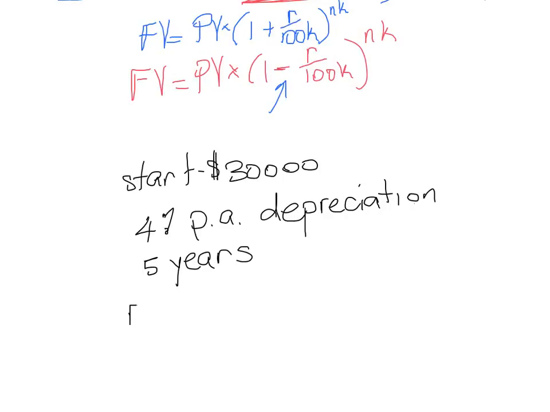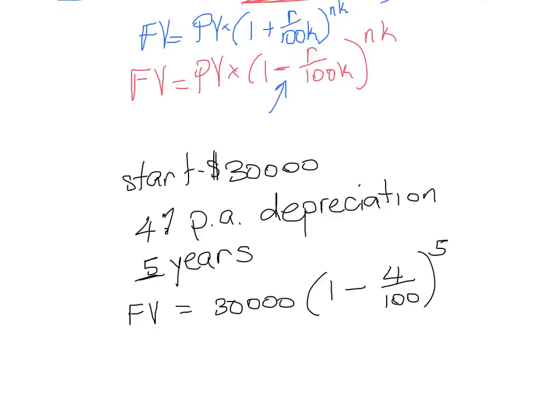So we're still trying to find the future value. And our present value is still the starting amount, which in this case is 30,000 times 1, but this time it's minus 4 over 100. And it didn't say it was compounding monthly or semi-annually or anything, so it's just raised to the number of years, so raised to the 5th power.